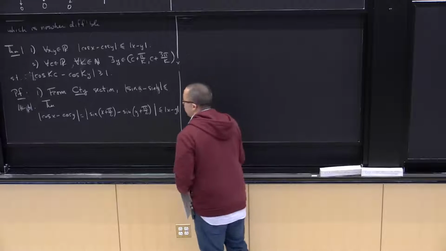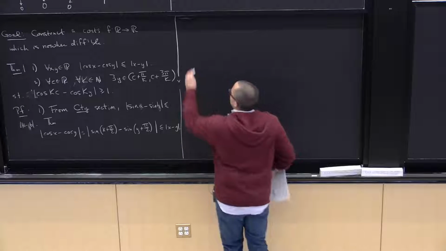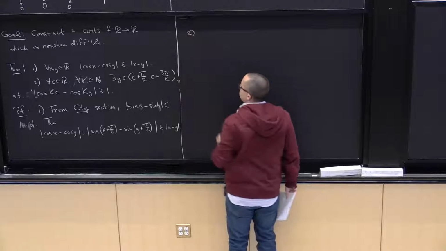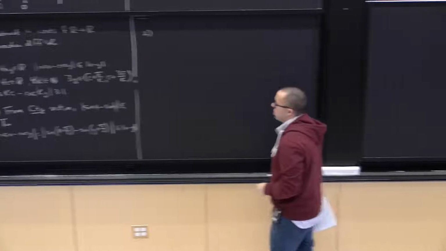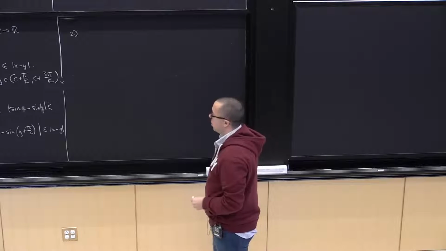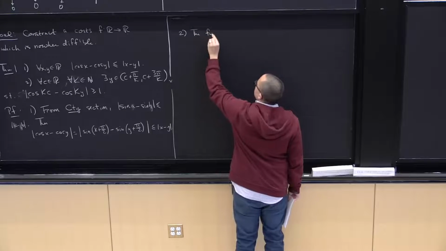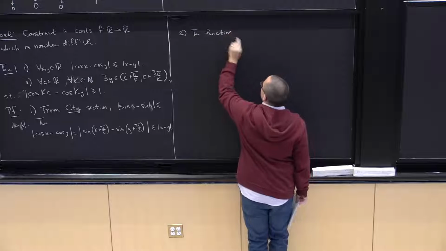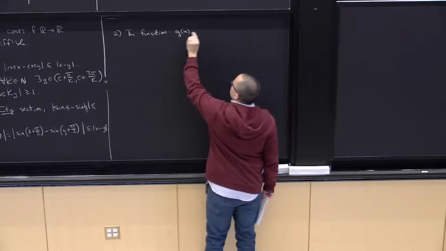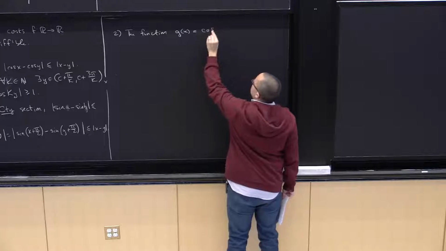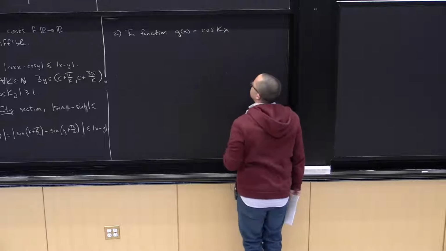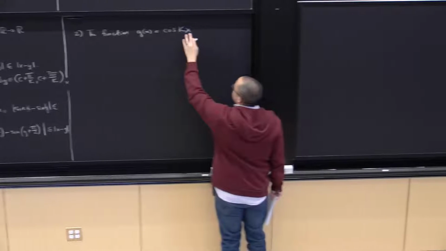For number 2, it's just a simple fact about cosine being 2 pi periodic. So take the function g of x equals cosine kx. This is also periodic, but now what's the period?